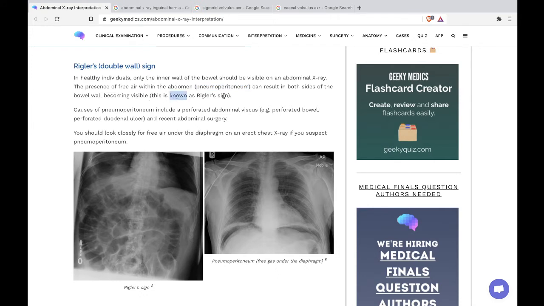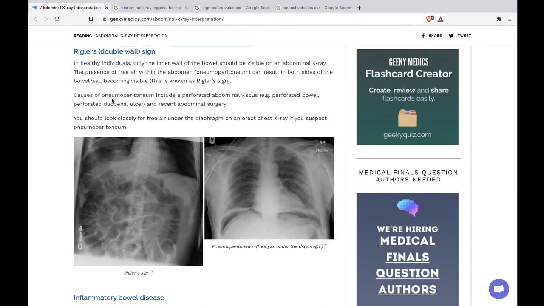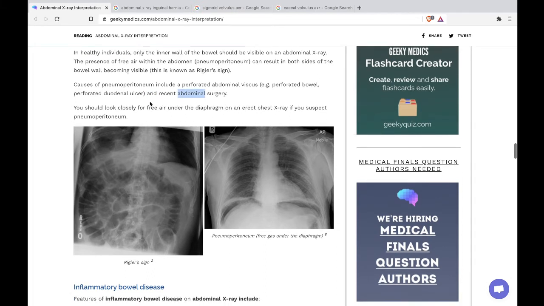This is known as Rigler's sign. Causes of pneumoperitoneum include a perforated abdominal viscus, for example, perforated bowel, perforated duodenal ulcer, and recent abdominal surgery. You should look closely for free air under the diaphragm on an erect chest X-ray if you suspect pneumoperitoneum.